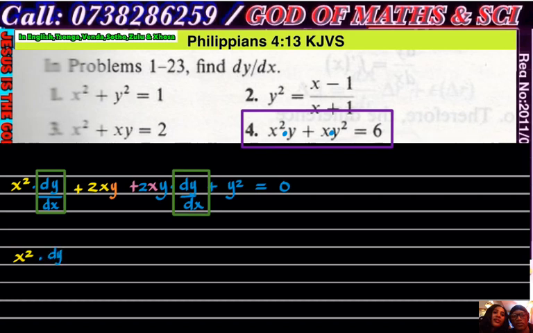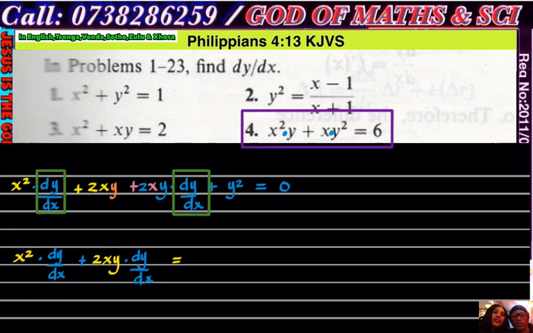I'm going to shift everything that is not a like term to dy over dx. So I'm taking the boxes together, and then plus 2xy times dy over dx, and all other terms are shifted to the other side.